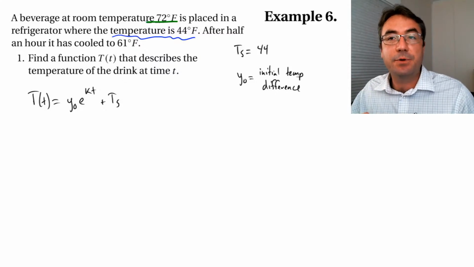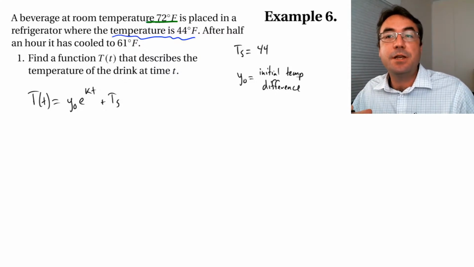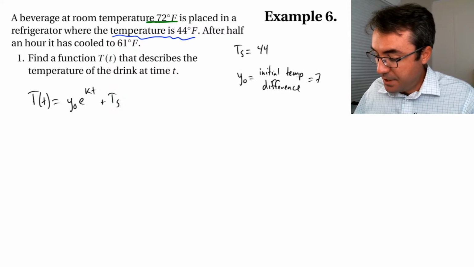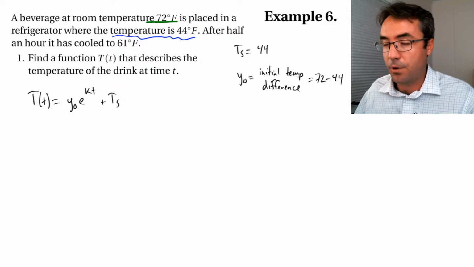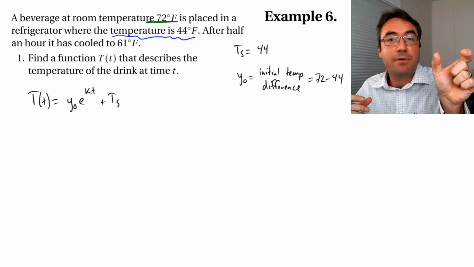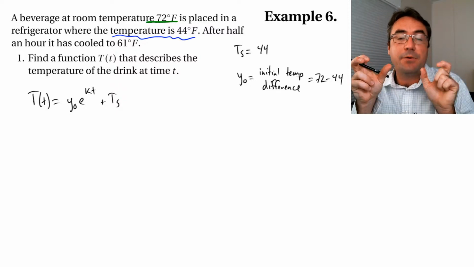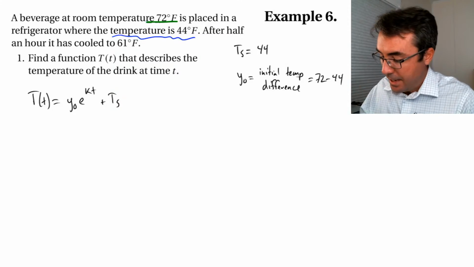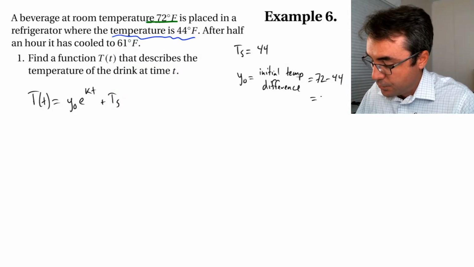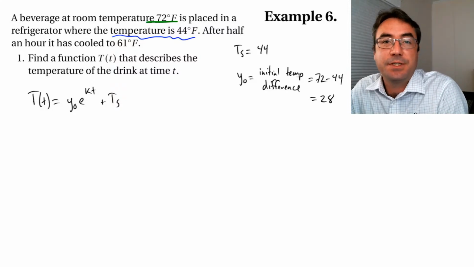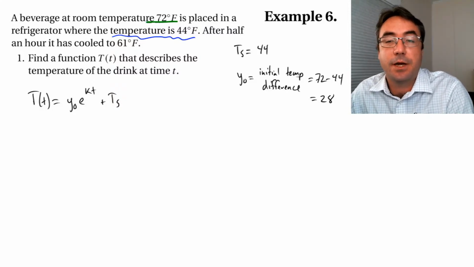That's our starting temperature, but we want the initial difference. So that is going to be 72 minus 44, the difference between the starting temperature of our object and the surrounding air temperature. If we do the calculation there, we get 28. So the initial temperature difference is 28 degrees Fahrenheit.